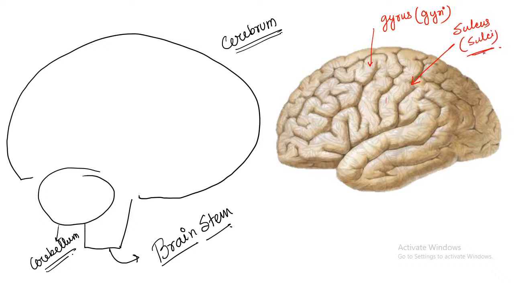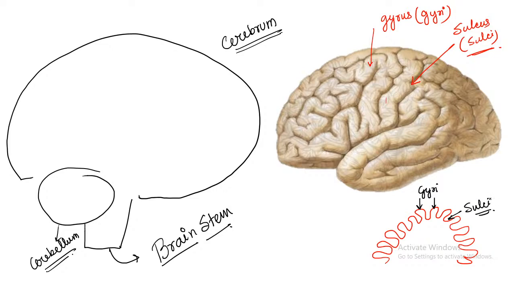If you cut the brain in half and look inside, you will see an arrangement like this. You should clearly understand that these swollen parts are your gyri and these depressed parts are your sulci or sulcus.